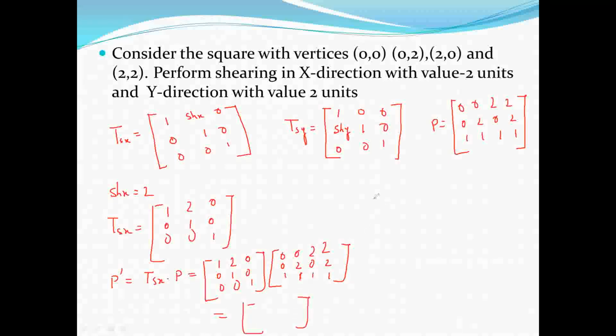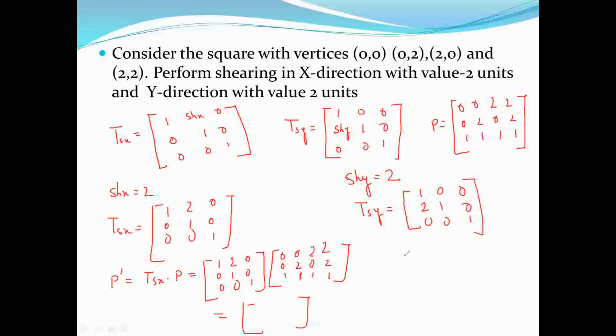Similarly, I am showing you how to perform the shearing with respect to y-axis. It is given that the shear factor SHY is 2 units. So we have to write down the shearing matrix. We will write it like 1, 0, 0, and we just replace this SHY by 2: 2, 1, 0; 0, 0, 1.